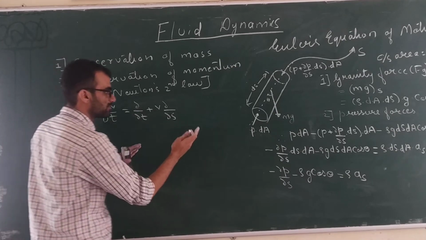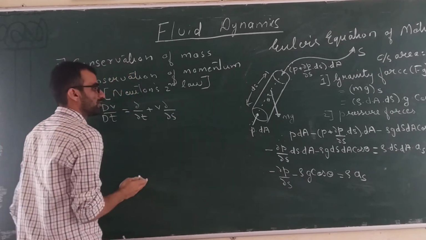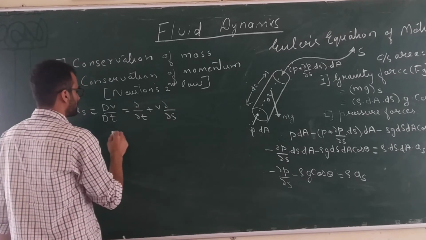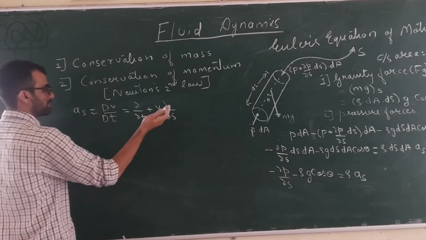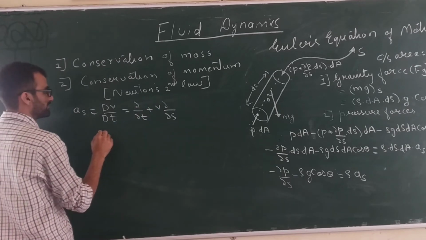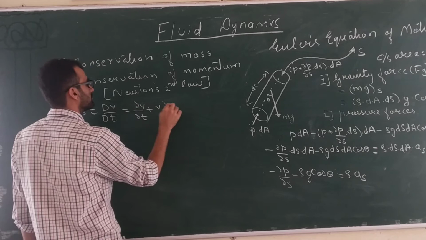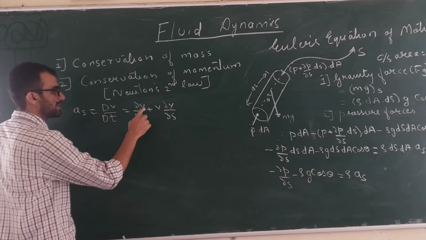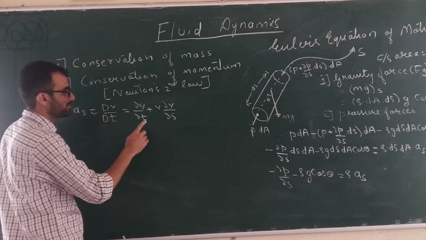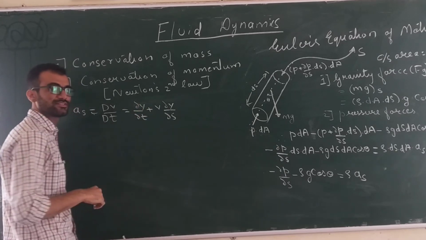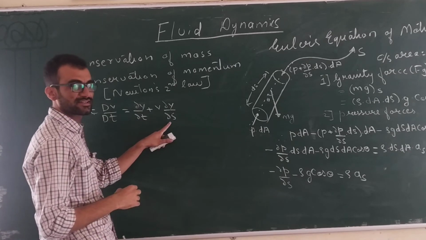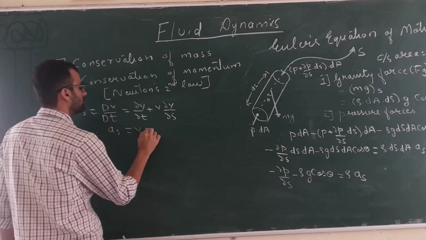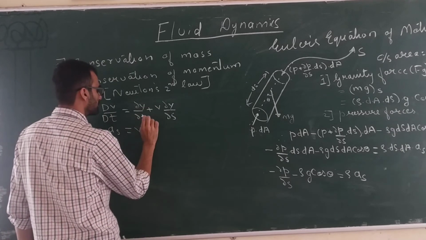Here we are only considering one direction, so there will be only del s. Now it's a steady flow, so the del v by del t term should become 0, because velocity will not change with respect to time. So only convective acceleration is present in this flow. Therefore a s will be equal to v del v by del s.